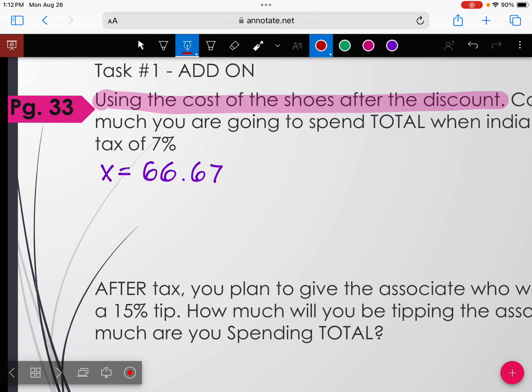No, because those discounts were the same. So it's going to be easier, in my eyes, to take the $10 off, because I can do that in my head. So after discount, we were at $56.67. So see if you guys can figure out how to add in the sales tax. Try that. Sales tax of 7%.